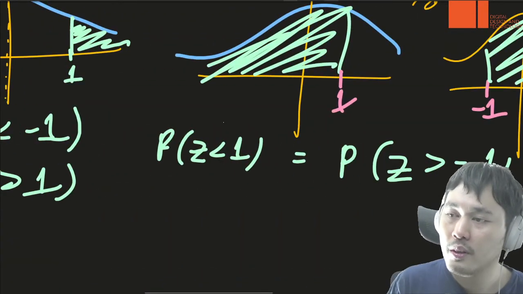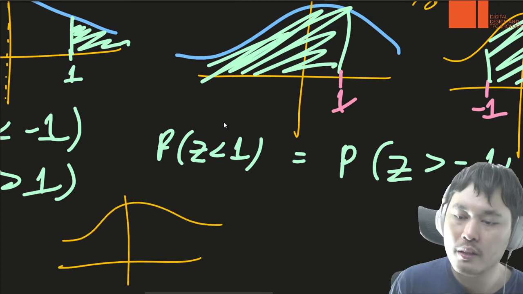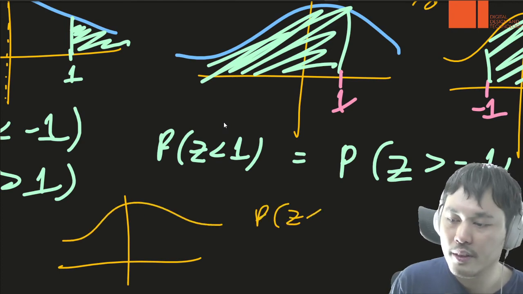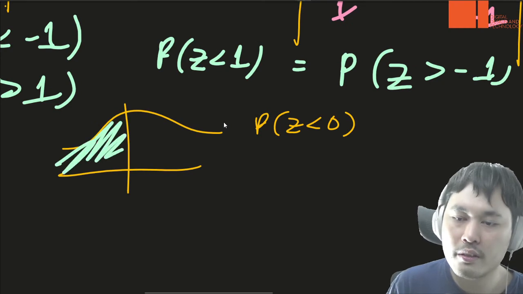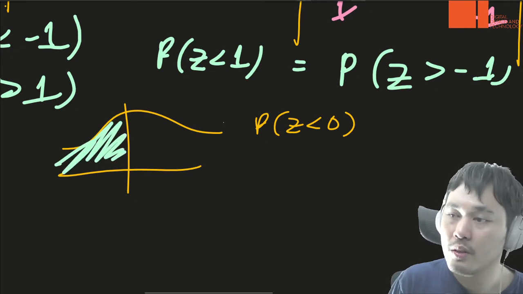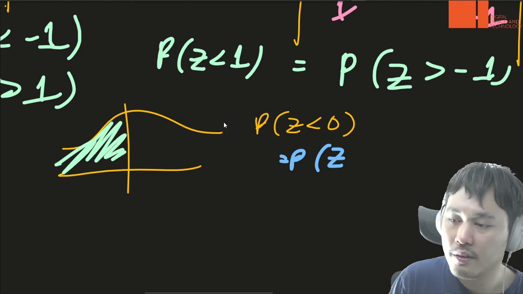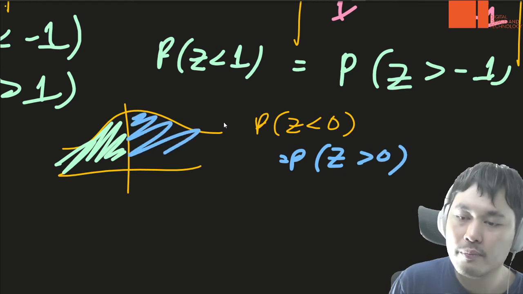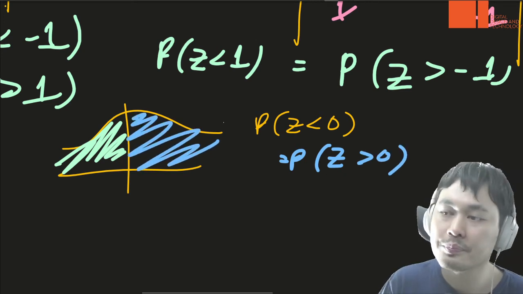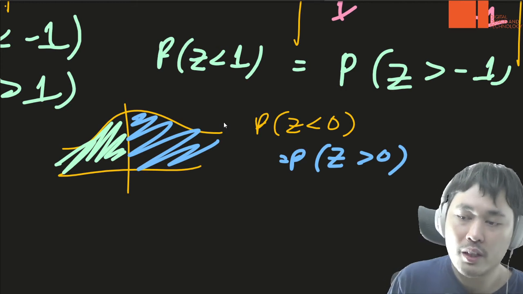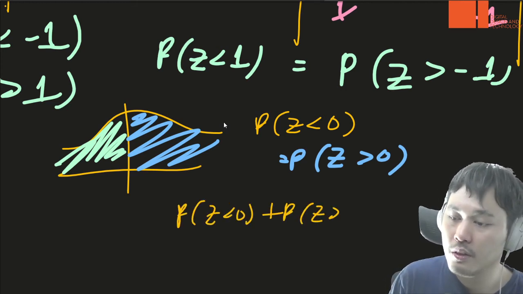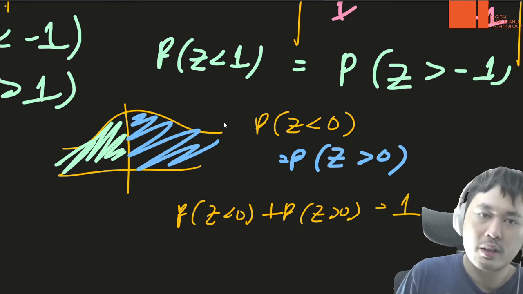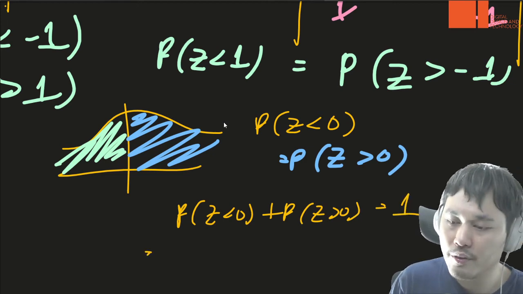If you use both, that means if you want to find the probability that z is less than 0, which is this part here, that is equal to the probability that z is greater than 0, the right part here. But since we know that the sum of these two areas equals 1, and those two are the same, we can rewrite.